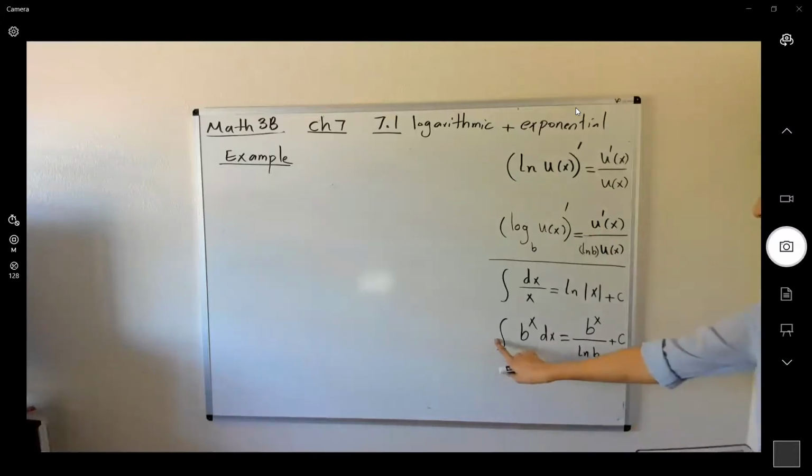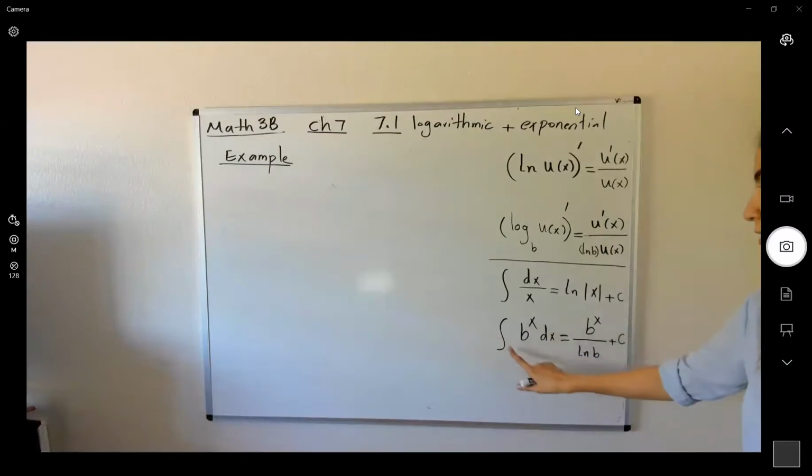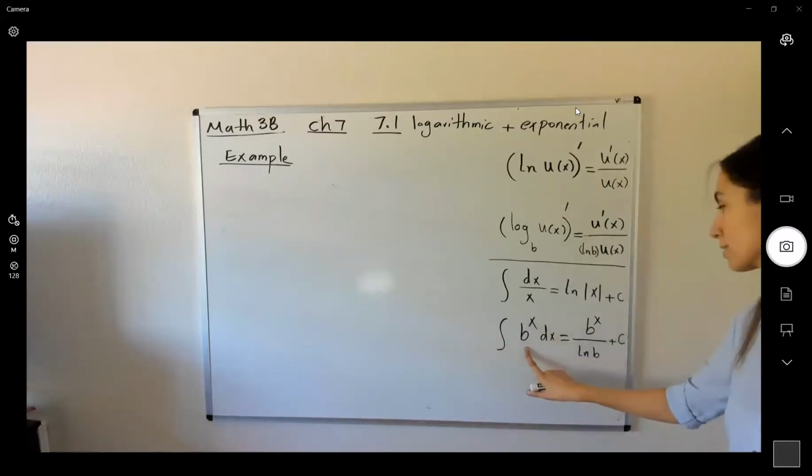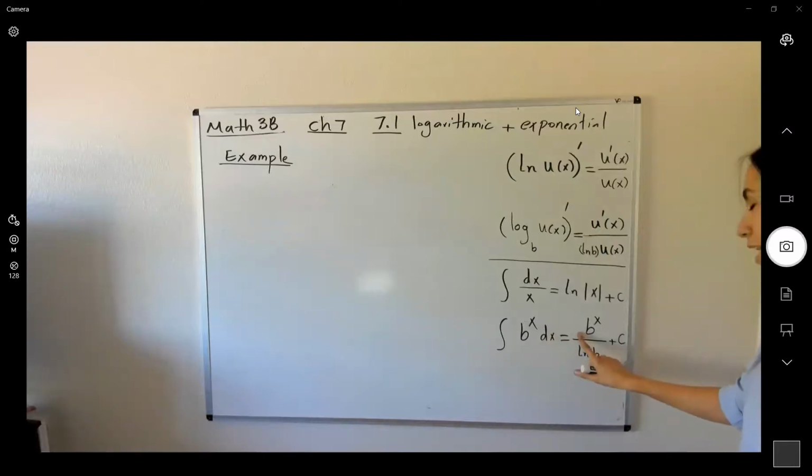If you take the derivative of both hand sides, since the derivative is the opposite of integral, on the left-hand side you get b to the x. And the derivative of b to the x is b to the x times ln of b. So ln of b and ln of b cancel out each other. B to the x is equal to b to the x.